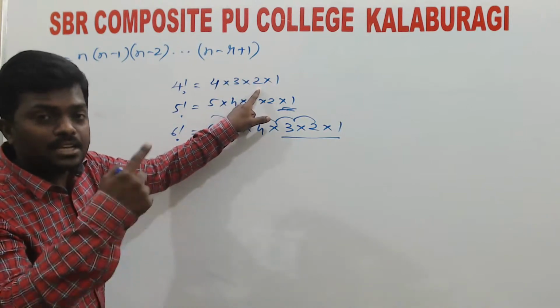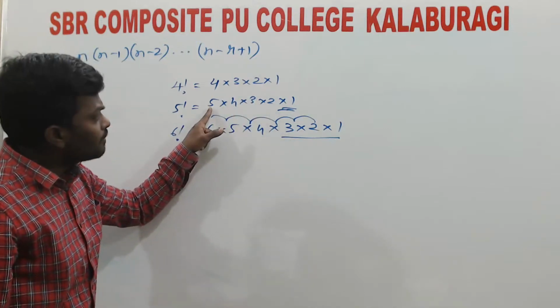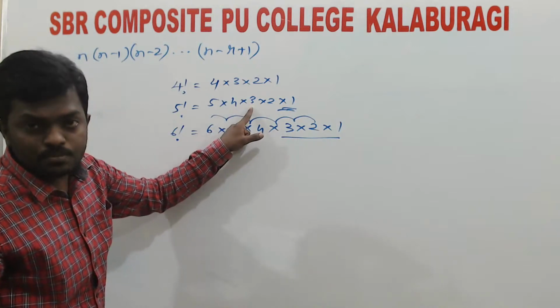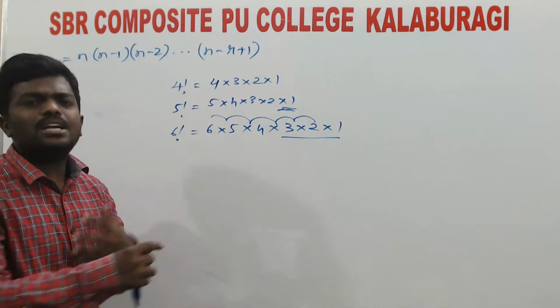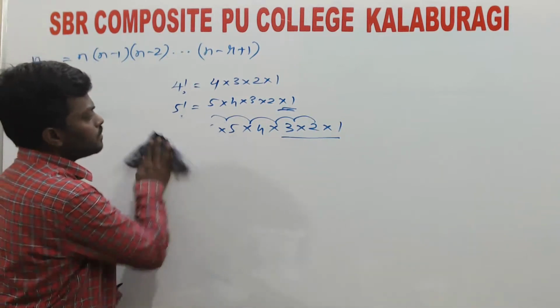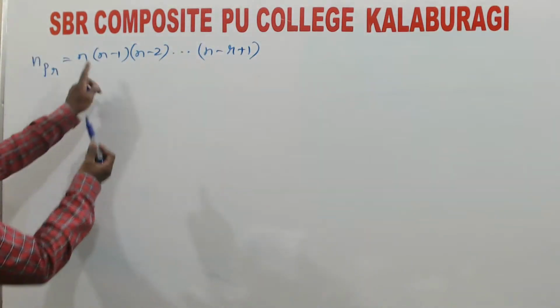So it's a pattern: it is following a difference of 1. Look here also, from 5 reduced by 1, 4, then reduced by 1, 3. Even in 6 factorial, it's following the chain of reduction by 1, right, students? So now this is our nPr.